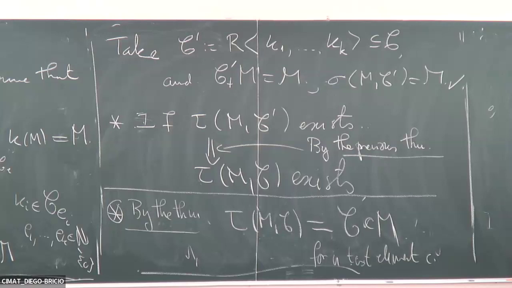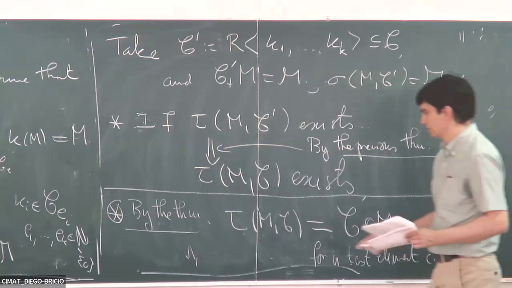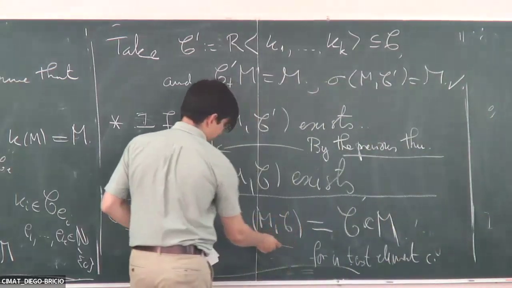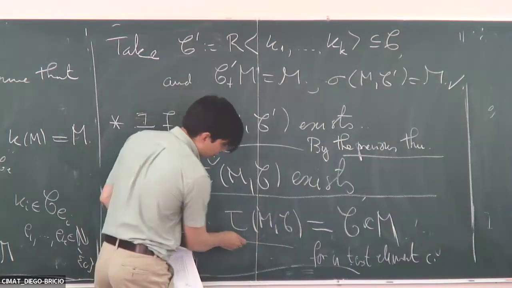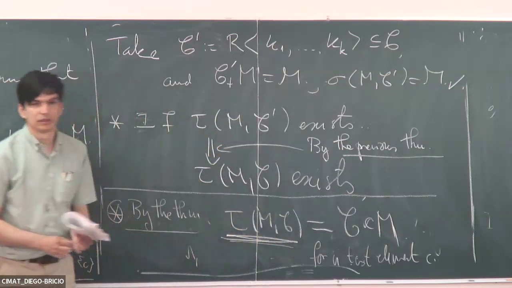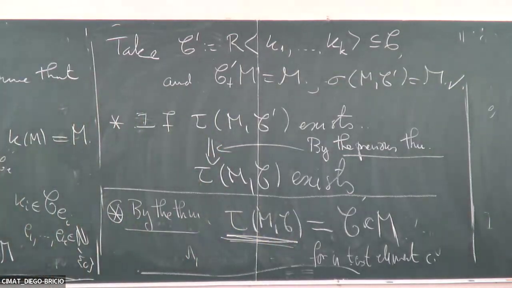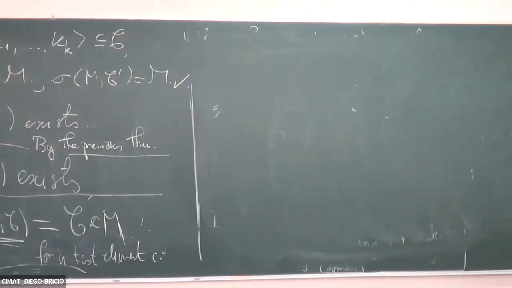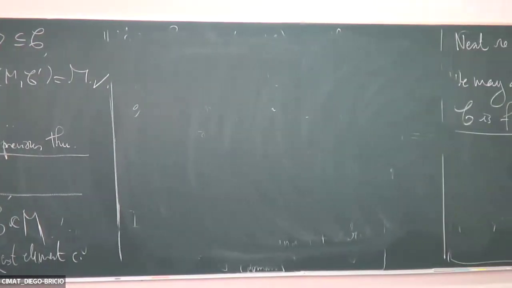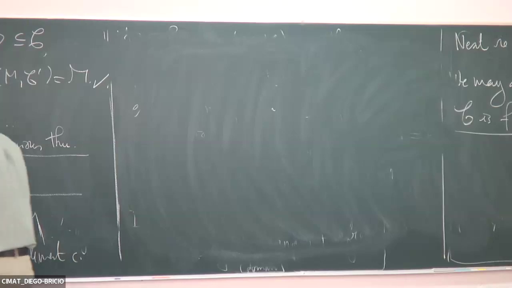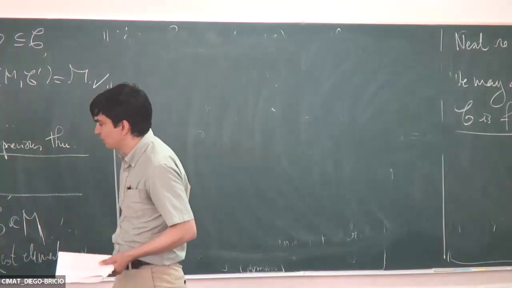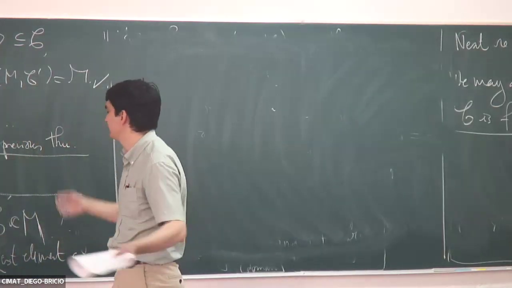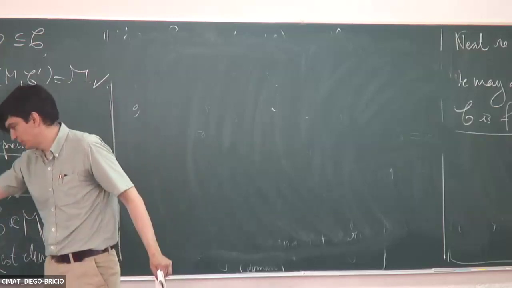We apply the same trick to tau. Right? This is also finitely generated. So it's going to be finitely generated, right? It's a submodule of a finitely generated module. It's finitely generated. So choose generators, right?